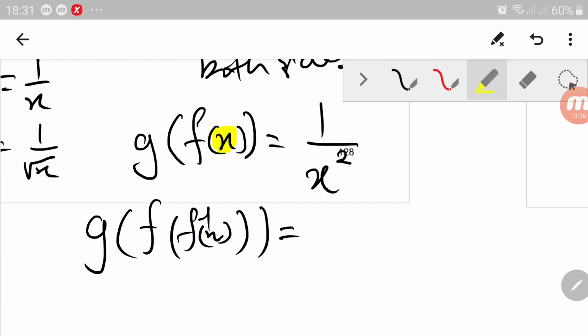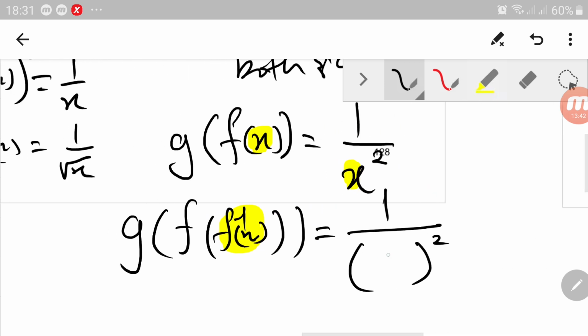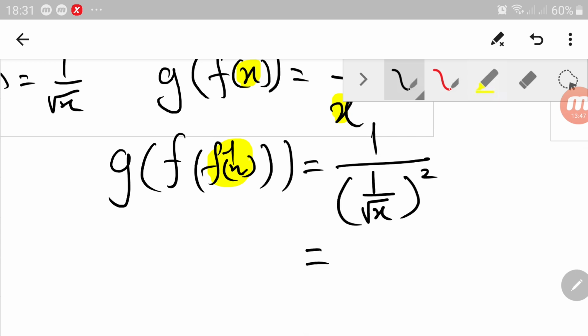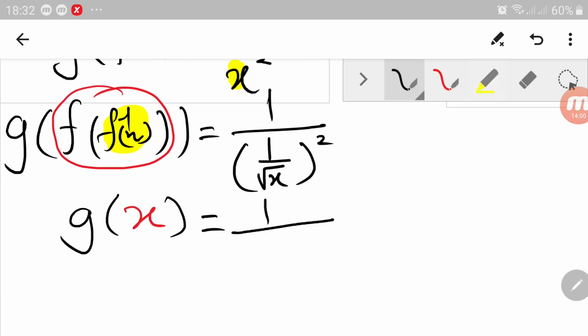Now, when x becomes f inverse, we get 1 over the cube root of x. By the rules of inverse, f of f inverse is x. Now we are getting closer to our gx. So for this one, maybe we need to change x to become x to the negative half.